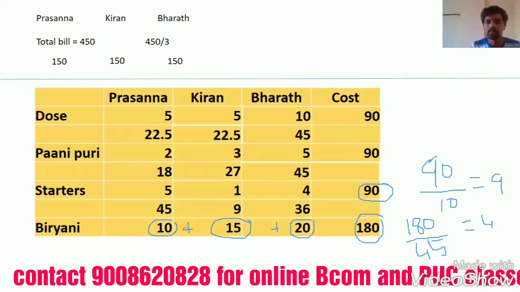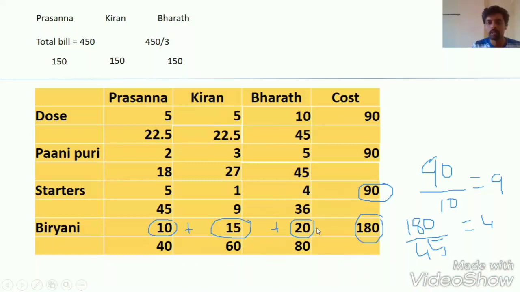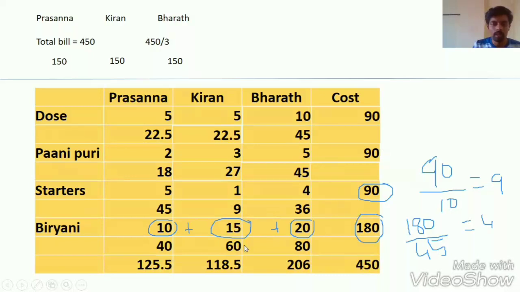My share is 10 into 4 is 40, Kiran's is 15 into 4 is 60, and Bharat's is 20 into 4 is 80 rupees. If you find the total, my share will be 125.5, Kiran's share is 118.5, Bharat's share is 206, and the total hotel bill is 450 rupees.